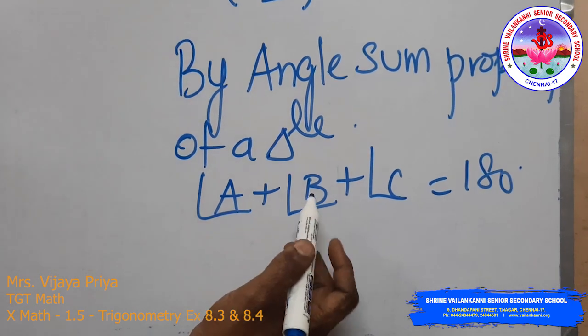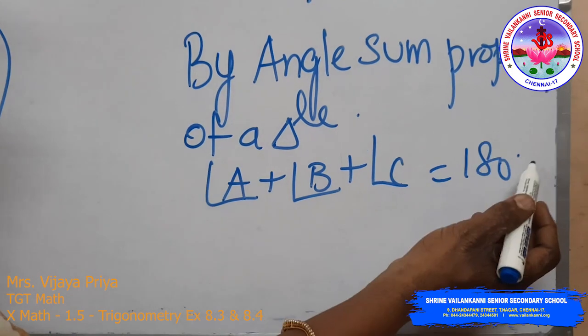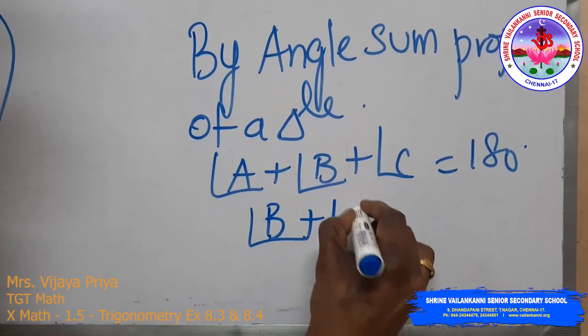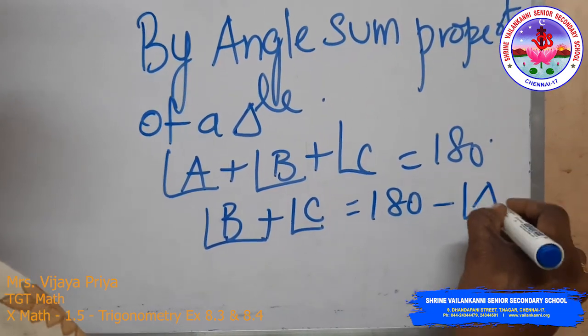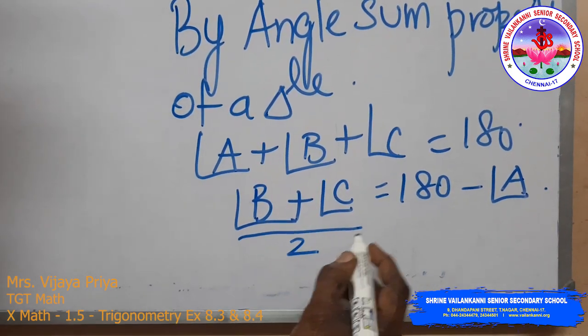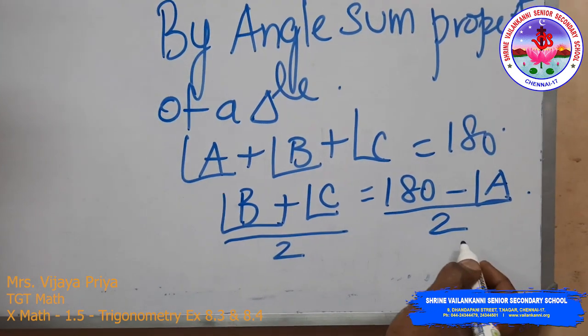If I want to get my angle B plus angle C, I take this to the other side. So it becomes angle B plus angle C is equal to 180 minus angle A. When B plus C is divided by 2, my right hand side also will be divided by 2.